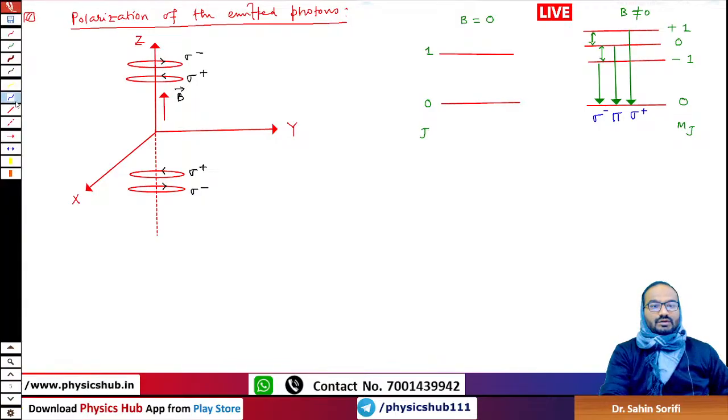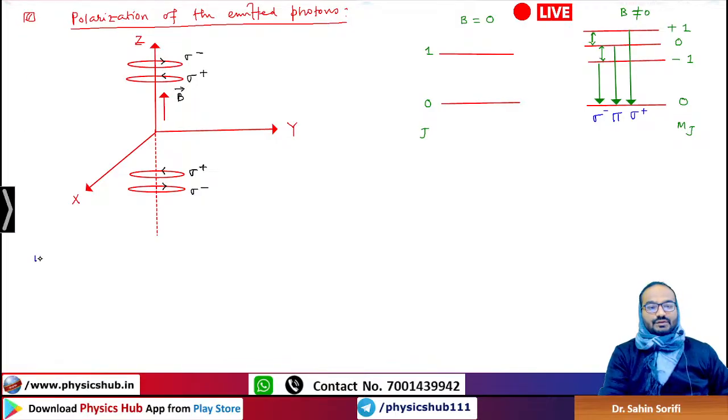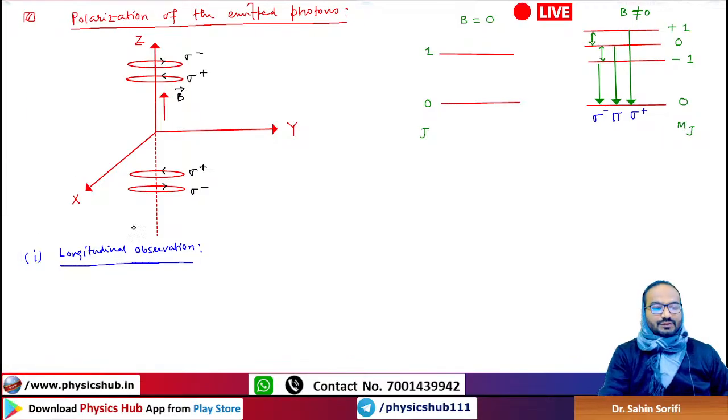First of all, we'll talk about the longitudinal observation. So longitudinal observation means in the line of the magnetic field. So first case, longitudinal observation. So for longitudinal observation, how many different components will you see?